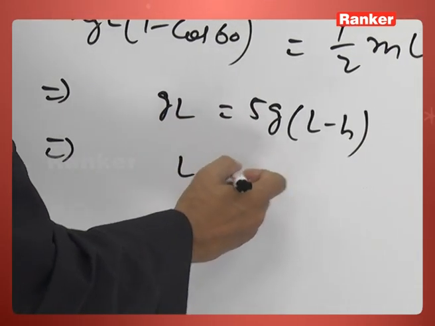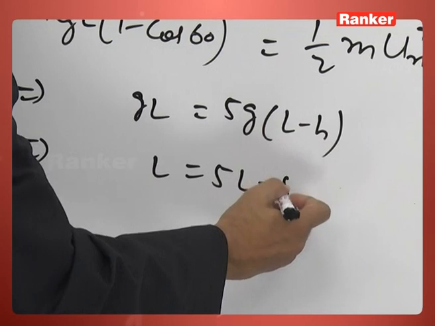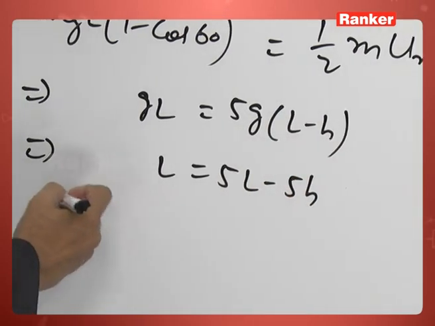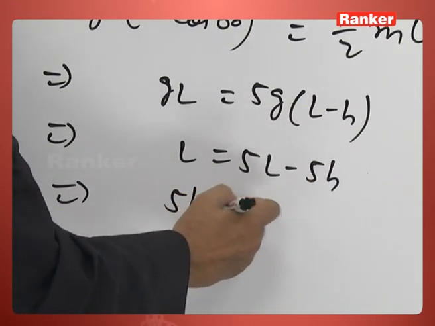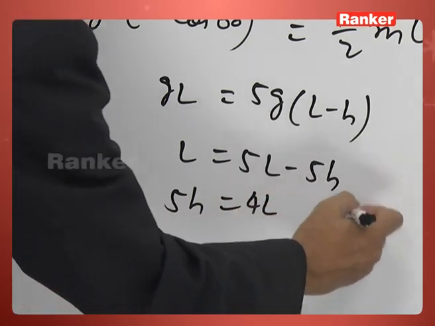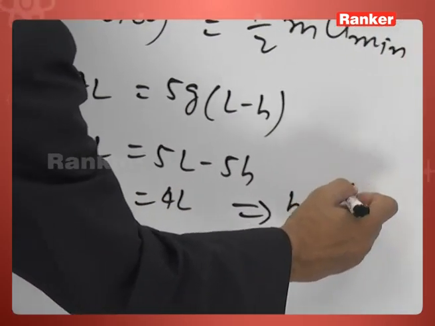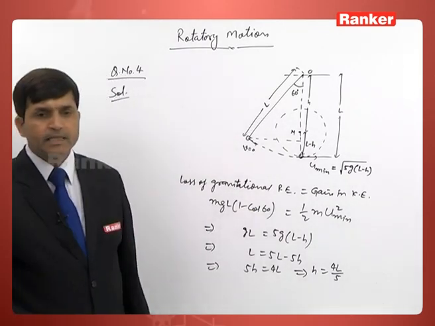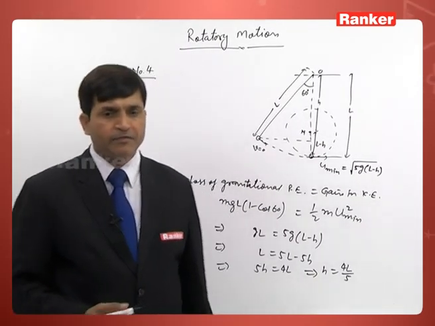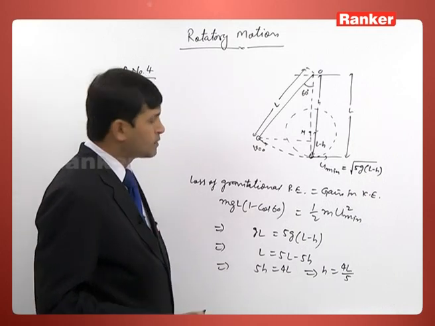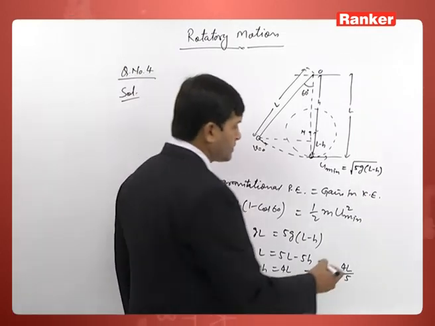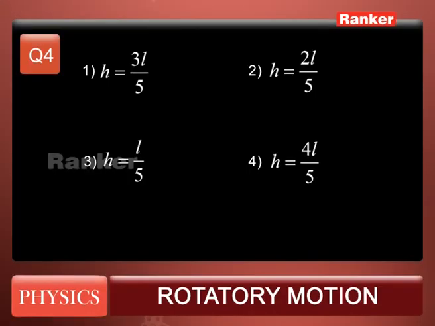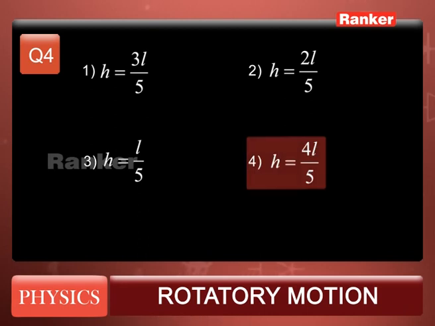So L is equal to 5L minus 5h. So 5h is equal to 4L. So that gives h is equal to 4L by 5. So our correct option is option number 4. Hence answer 4 is the correct answer.